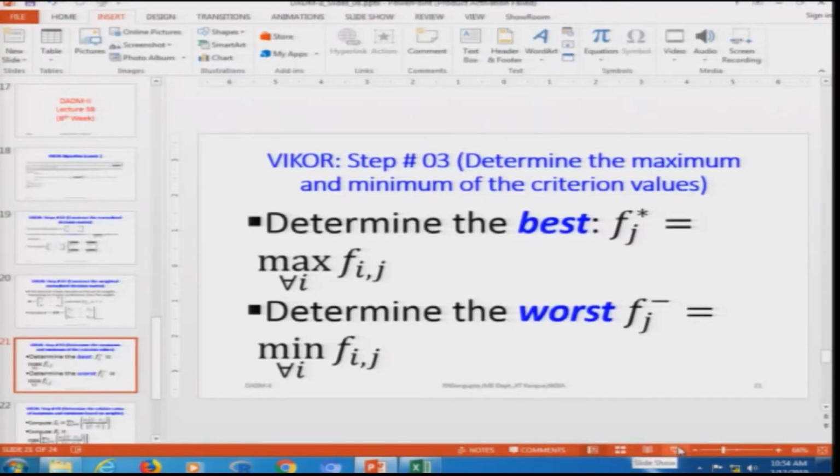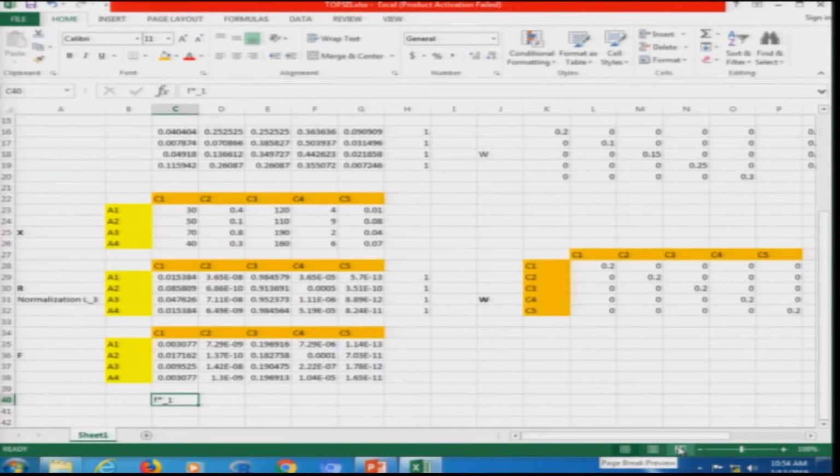This we can find out for each criteria. So, this will be for the second criteria, this will be for the third criteria, this will be for the fourth criteria, this will be for the fifth criteria.